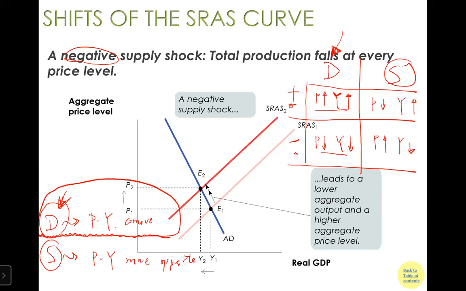So that's a strong indicator. Most of our economic trouble was caused by demand shock. But certainly there are some time periods when we have a supply shock. Relatively speaking, demand shocks are more common compared to supply shocks.